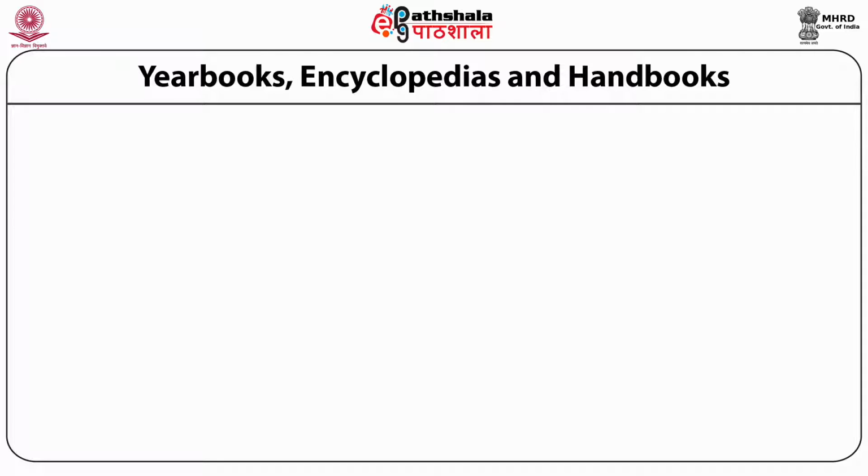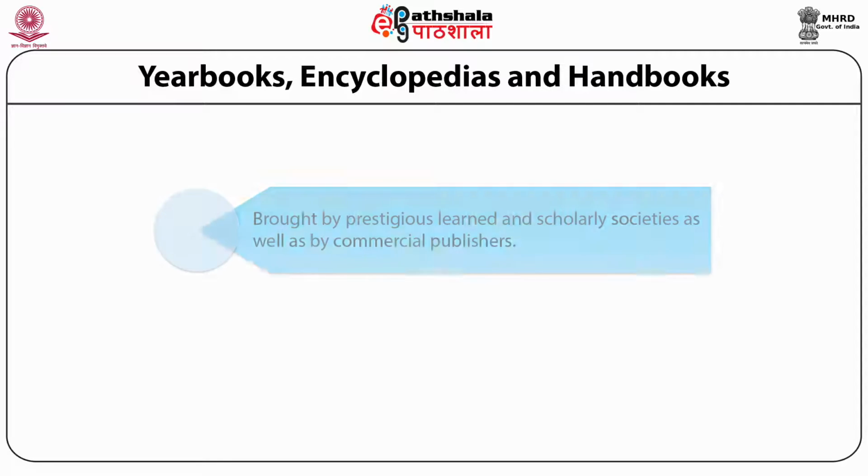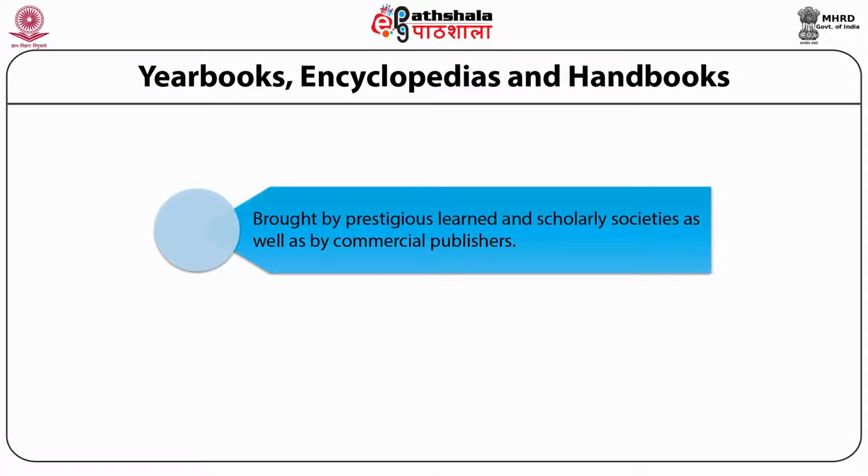Yearbooks, encyclopedias, and handbooks are brought out by prestigious, learned, and scholarly societies as well as by commercial publishers. These are sources published on a regular basis by various associations like the American Society for Information Sciences, the American Psychological Association, and the American Association for Microbiology.